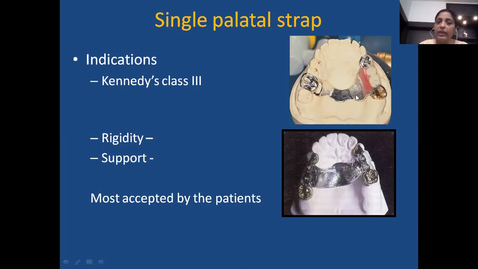It is only indicated in Kennedy's class 3 situation, in which the edentulous area is bounded by anterior teeth as well as by posterior teeth. It provides minimal rigidity as well as minimal support. It is not good in providing rigidity and support, but it is very comfortable for the patient.